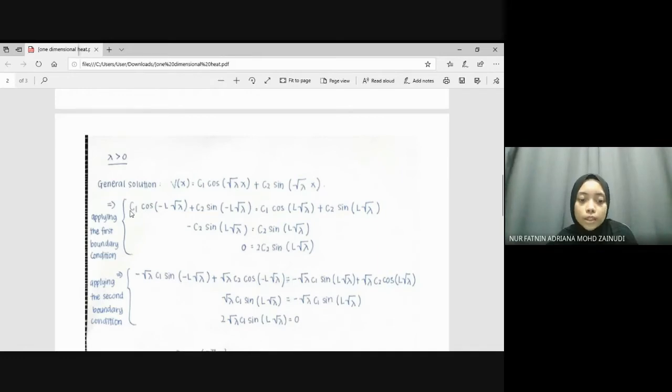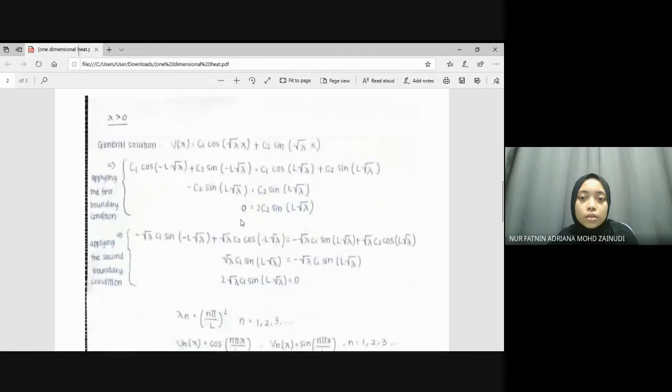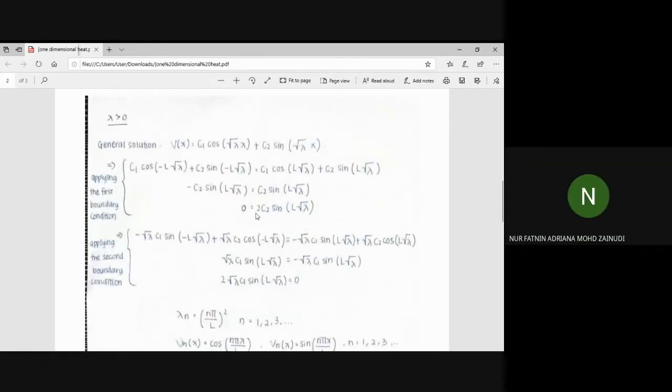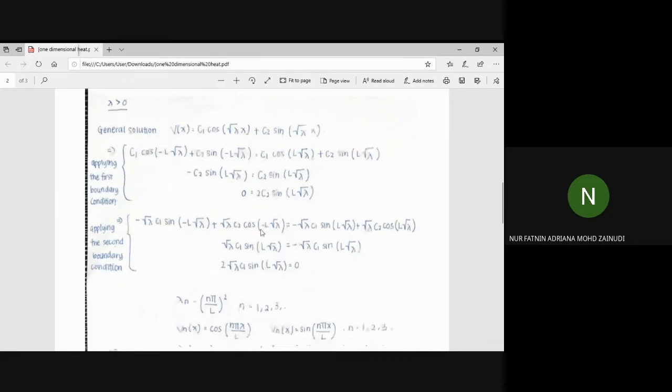So first we will apply the first boundary condition, and it will become like this: C1 cos(-L square root lambda) plus C2 sine(-L square root lambda) is equal to C1 cos(L square root lambda) plus C2 sine(L square root lambda), and we will get 0 is equal to 2 C2 sine(L square root lambda).